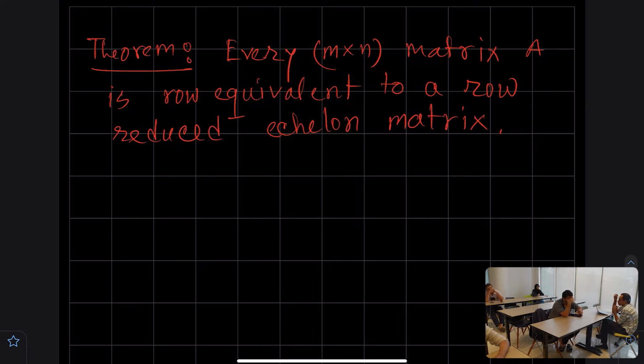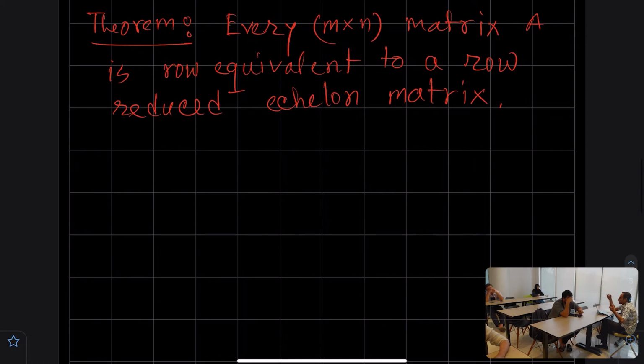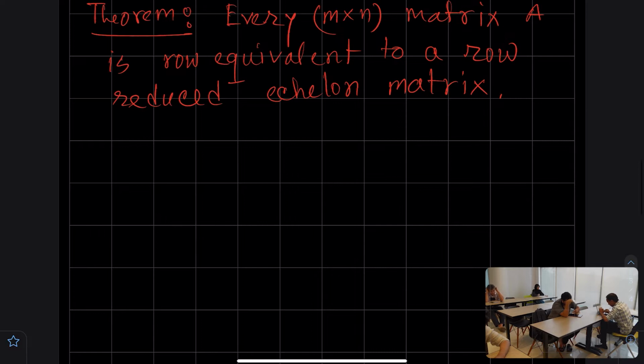In the previous class, we proved that every matrix A is row equivalent to a row reduced matrix, right? So we can start the proof. I'm giving you a sketch of the proof.